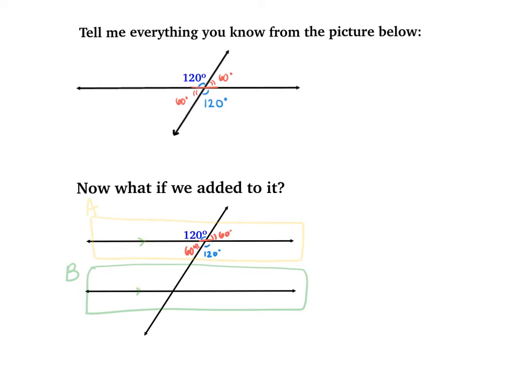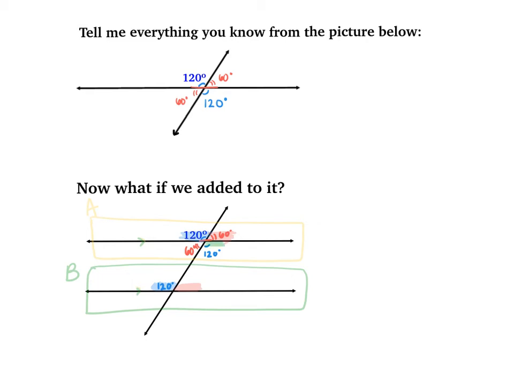So if I look first at this 120 degree angle that I started with, it's in the top left of A. Well, there's also a top left of B, and that would mean that this angle is going to be the same. So it's also going to be 120 degrees. And I can keep matching these up. So let's see. This top right would match up with this top right.